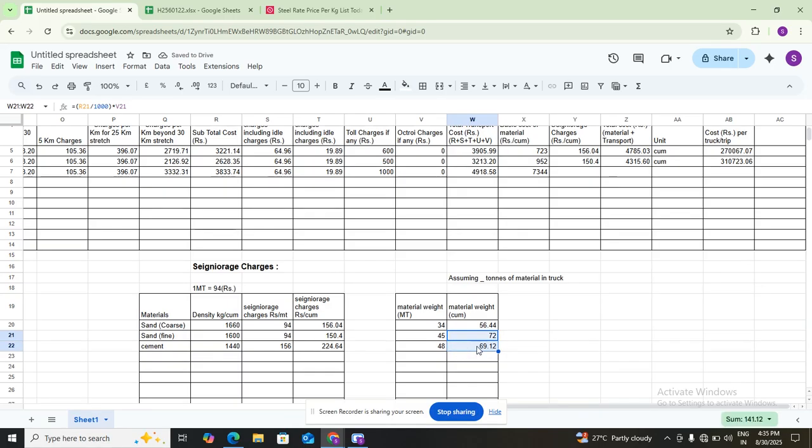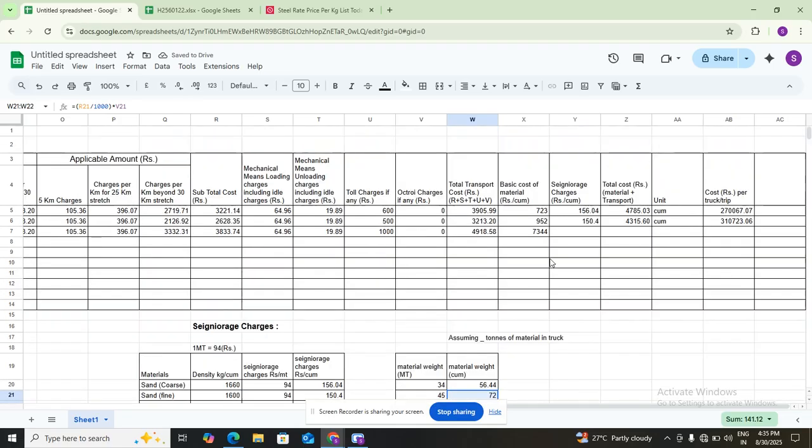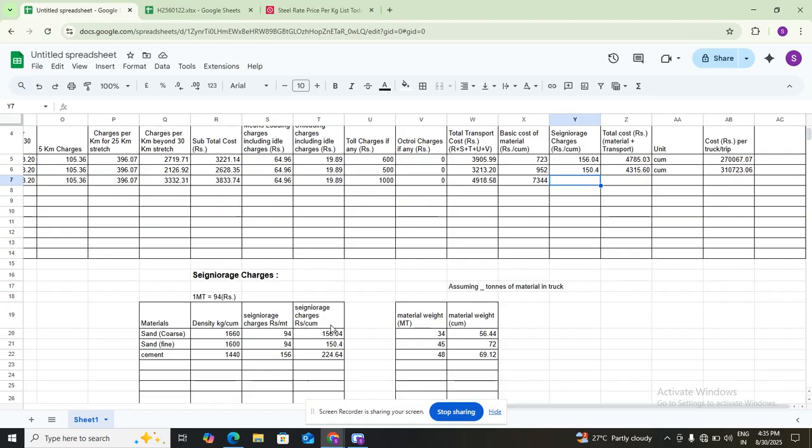This is the ton, this is the meter cube. That's why I'm dragging the formula. Changed, same as the charges of this. Taken into this one.